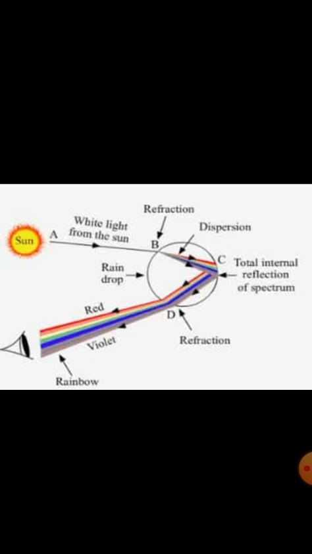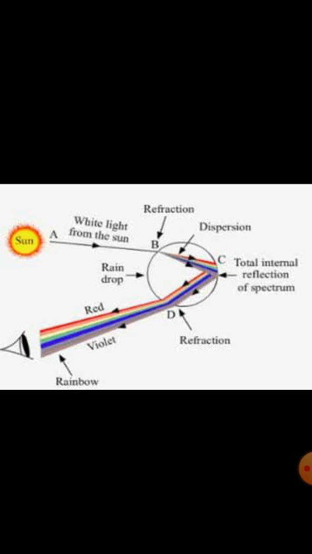Sunlight, on entering the raindrop, first refracts and disperses. This dispersed light will be incident on the inner surface of the raindrop. Here, light gets reflected internally.